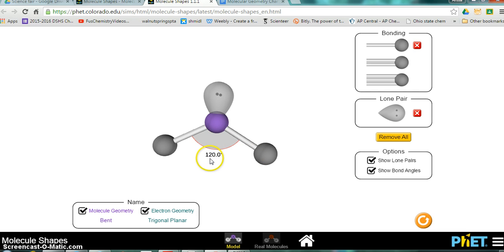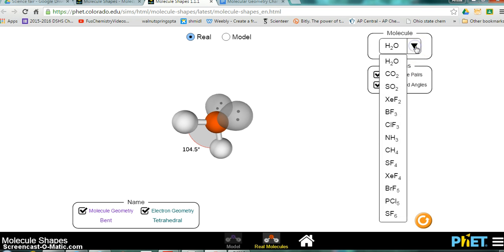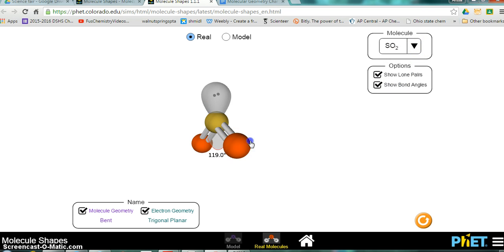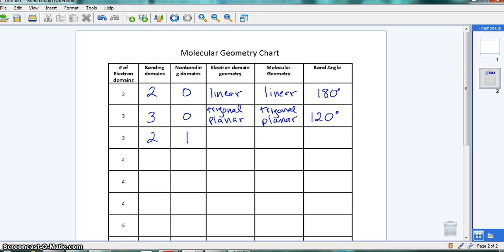Now the bond angle in the model says it's 120, but if we look at some real molecules that have this geometry, this is sulfur dioxide, and you can see it has 2 bonds and 1 lone pair. The bond angle is actually slightly less than 120, and that's because the lone pair repels the electrons in that bond, and it actually pushes those bonds slightly closer to each other to make the bond angle slightly less than 120.